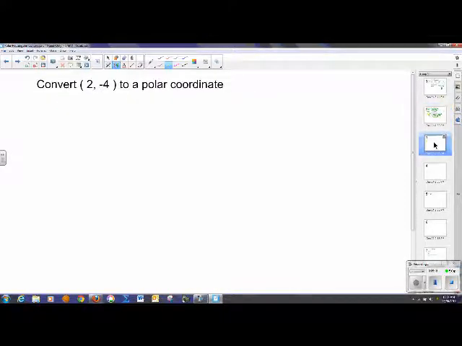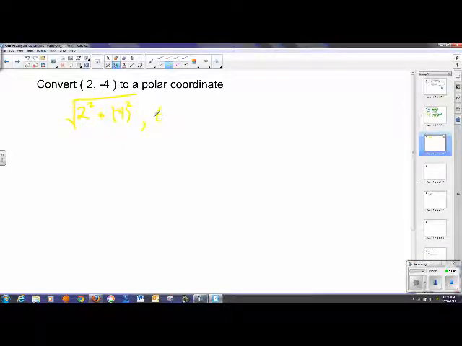Moving forward, I want to go to polar coordinates now. So we're taking an x and a y and converting it to an r and a theta. We know that we have the Pythagorean relationship of 2 squared plus negative 4 squared, all square rooted, will give us our r value.